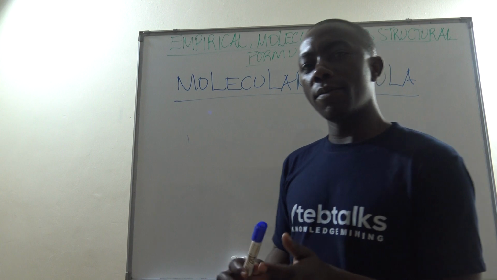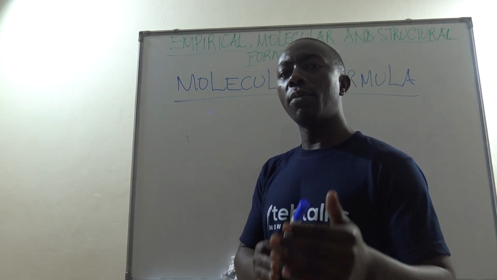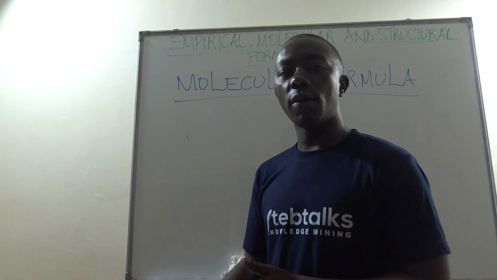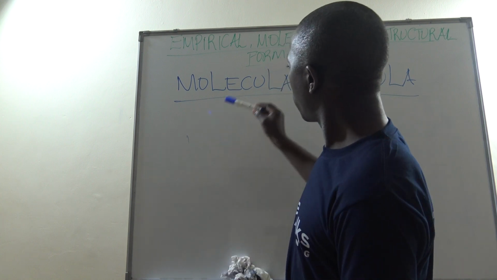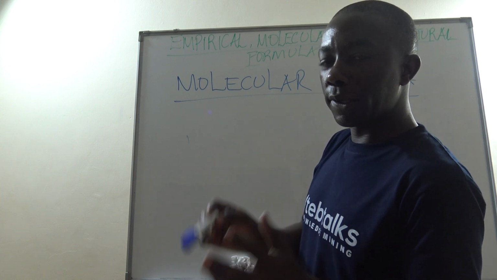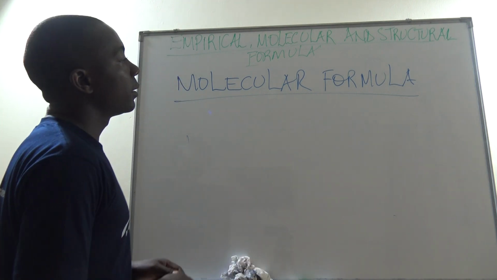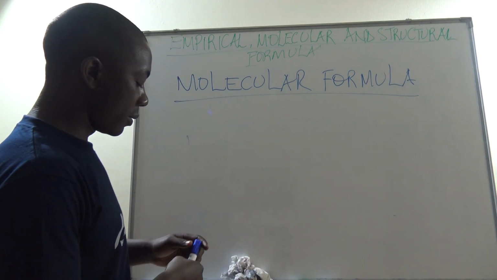They are almost the same, only that with empirical, we are focusing on the ratio of the number of atoms in 1 mole of a molecule. But molecular expresses the total number, the actual number of atoms in 1 mole of a compound.